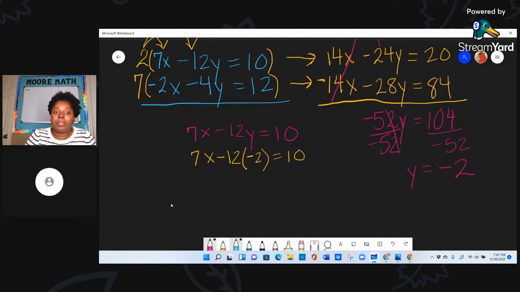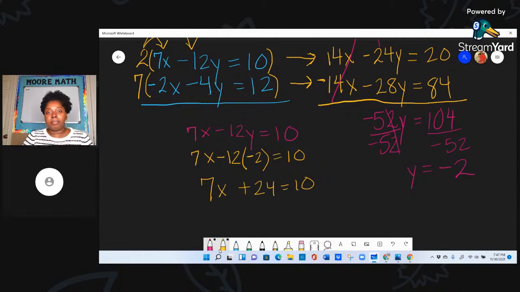Good. Positive 24. Okay, so we have 7x plus 24. There's a lot to keep track of, which makes this a little bit difficult, right? So now what do I do? You subtract 24 from 10. Excellent. Okay, we're almost there.